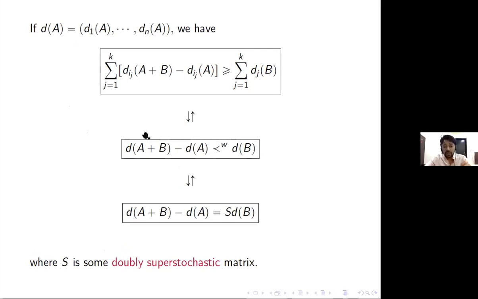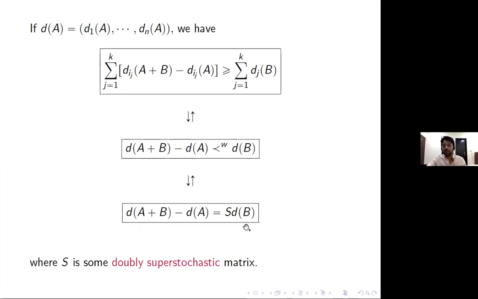And moreover, this vector that we see on the left-hand side, d(A+B) minus d(A), is a vector with all its components nonnegative. This is known as the monotonicity principle of symplectic eigenvalues. It's a known result. So this reduces to proving that d(A+B) minus d(A) is S times d(B), where S is some doubly superstochastic matrix.